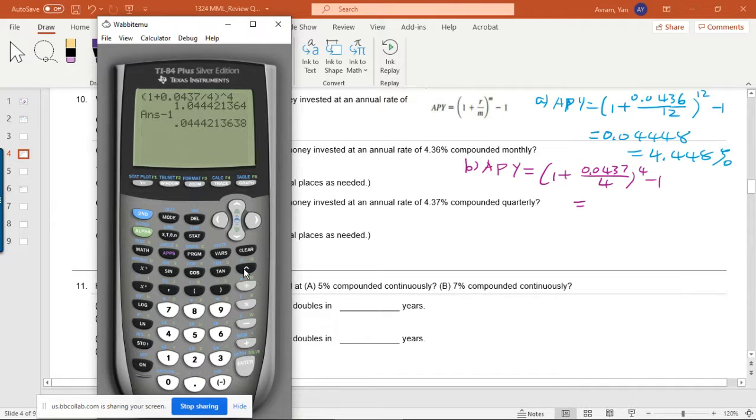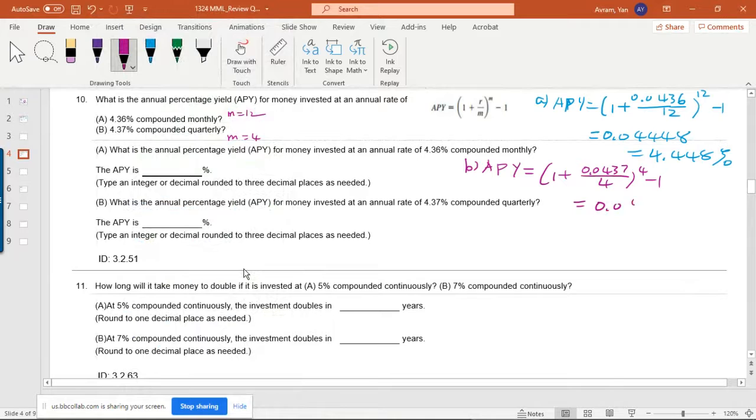Okay, so this is 0.0442. All right, if I multiply by 100%, that's 4.442%. That's why I have to round to 3 decimal places in order to identify, right? Because these two are so close in here. So it looks like this one is still better, right? This is still a little bit higher, okay?